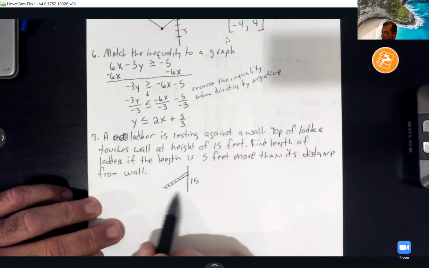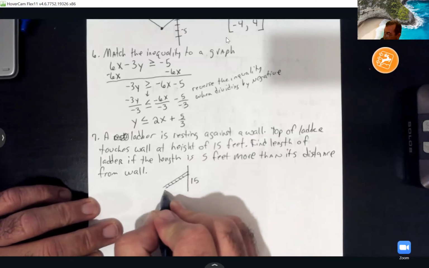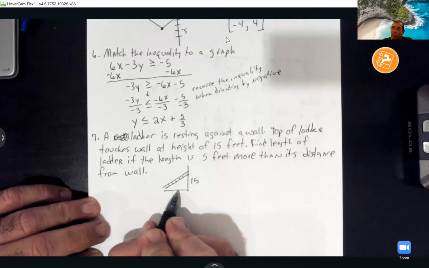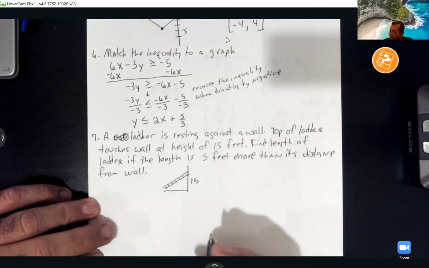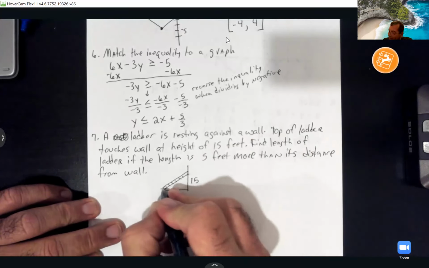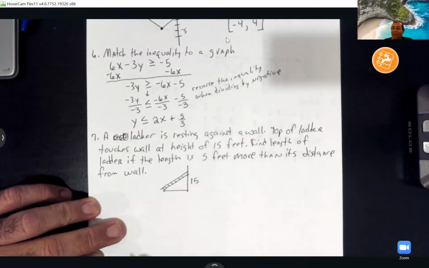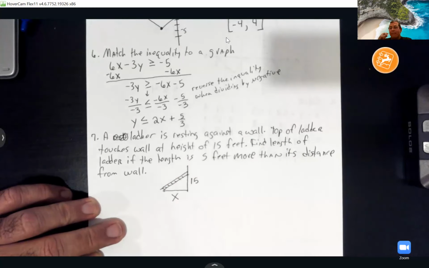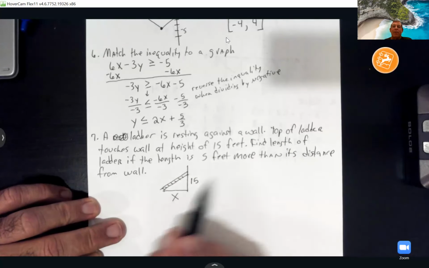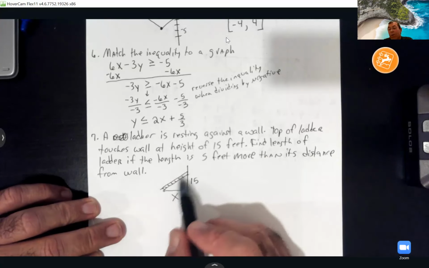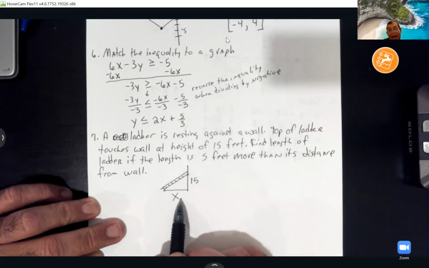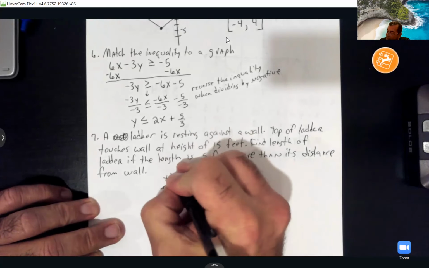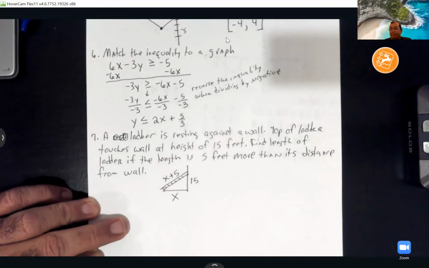Well, y'all, right here's my distance from the wall on the bottom. I don't know that distance, so guess what we'll put there? That'll be our X, right? Because we don't know the distance from the wall, but we do know that this ladder was 5 feet more than this distance. So this ladder will be X plus 5.